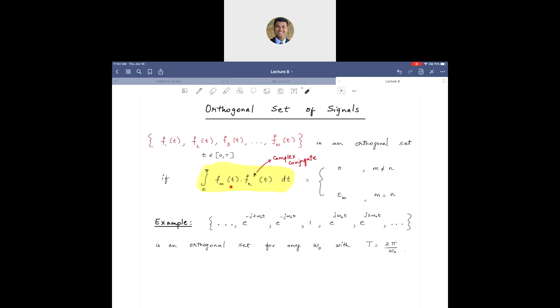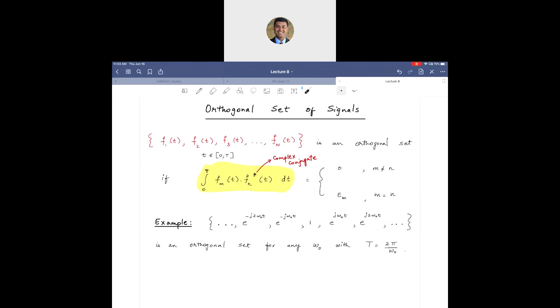The inner product of fm and fn, these signals belonging to this set. So you can evaluate f1 with f2, f1 with f3, f1 with fn. All those will go to 0 if it is orthogonal. However, if you do f1 with f1, then you get some finite value, e1. f2 with f2, you get a finite value e2, and so on.